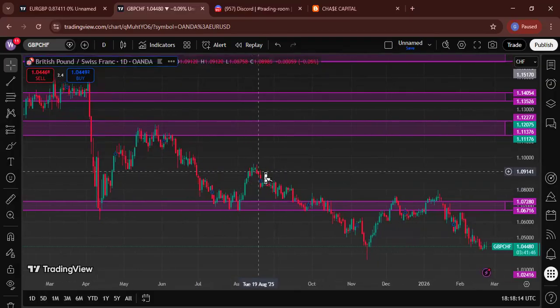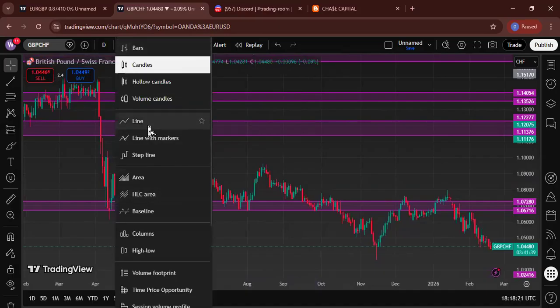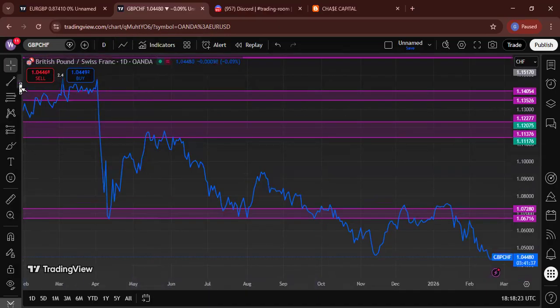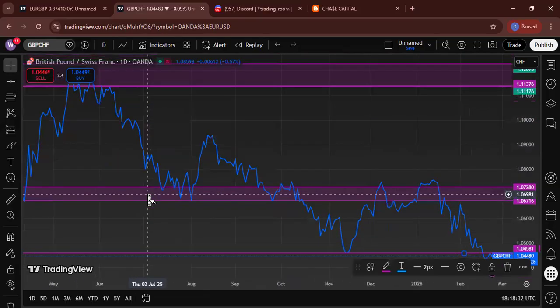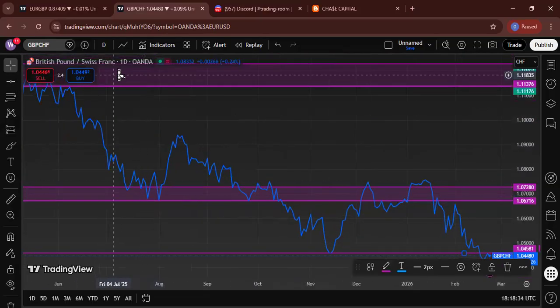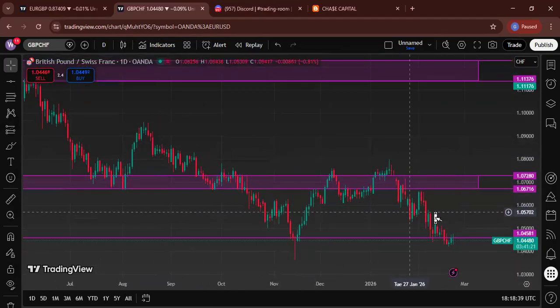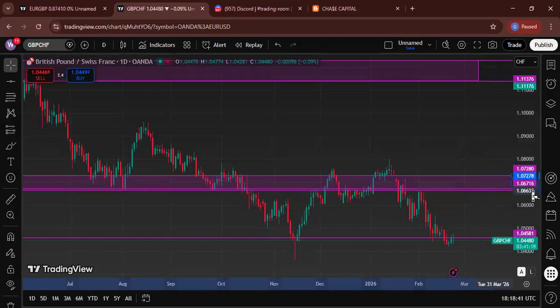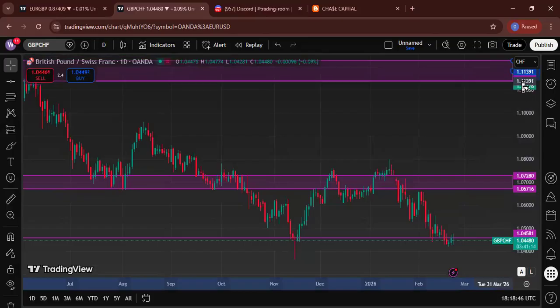So this is what you have on GBP CHF. This is on the daily. On the daily, I can see price at a key area here. We have that level there. Just a second.